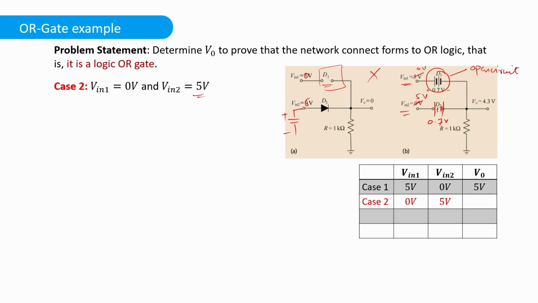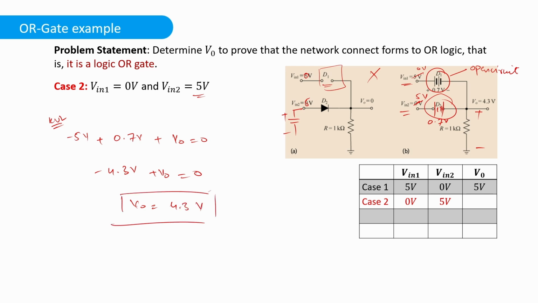So this becomes minus 5 volt. Apply Kirchhoff's voltage law: minus 5 volts plus the voltage drop across the second diode, which is 0.7 volts, plus V naught equal to 0. V naught is actually the voltage across this resistor. Okay, so this becomes minus 4.3 volts plus V naught equal to 0, and V naught is equal to 4.3 volts, right?